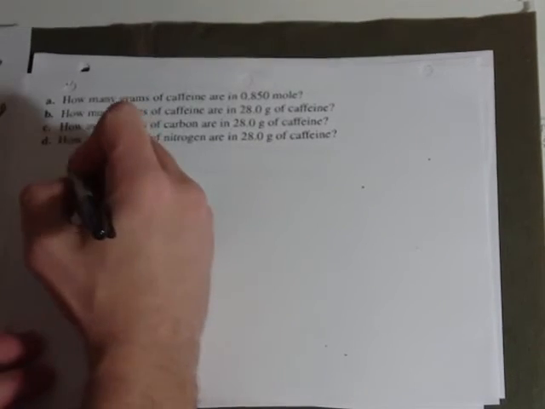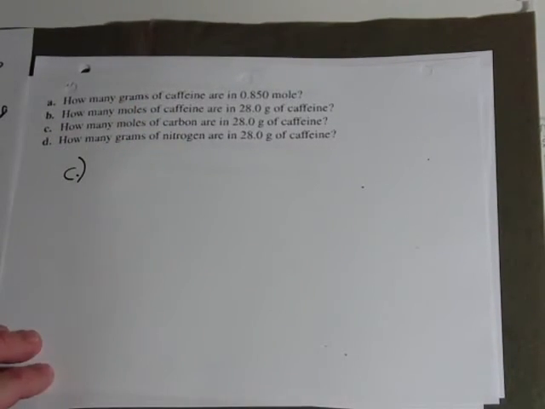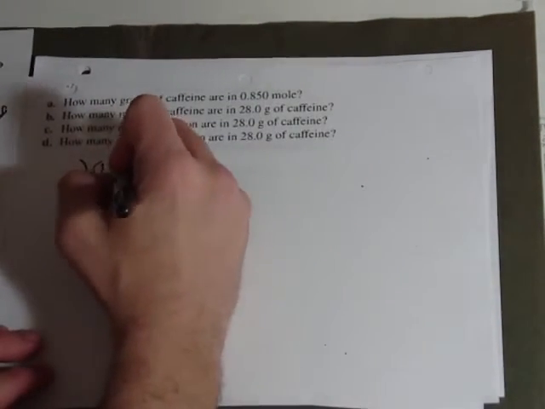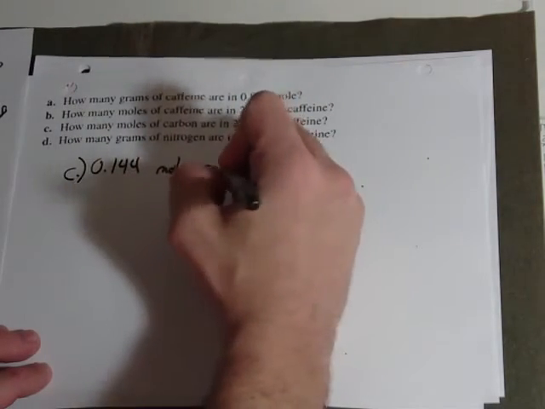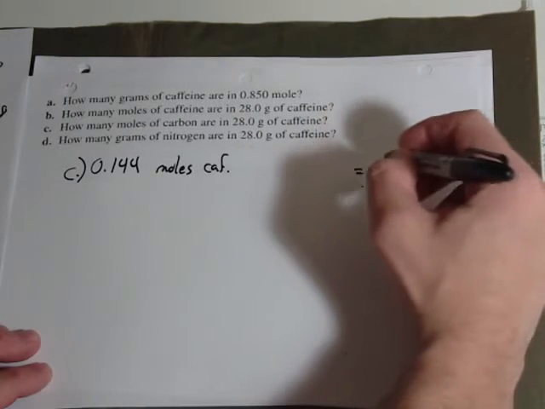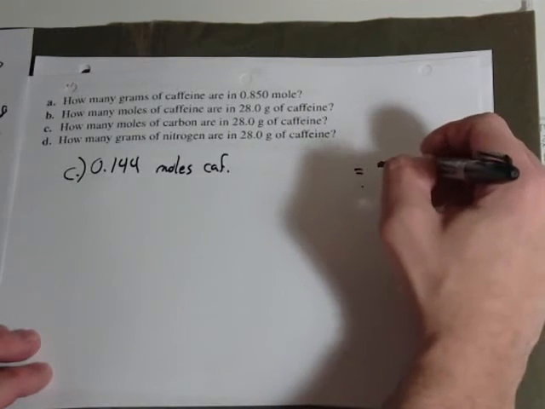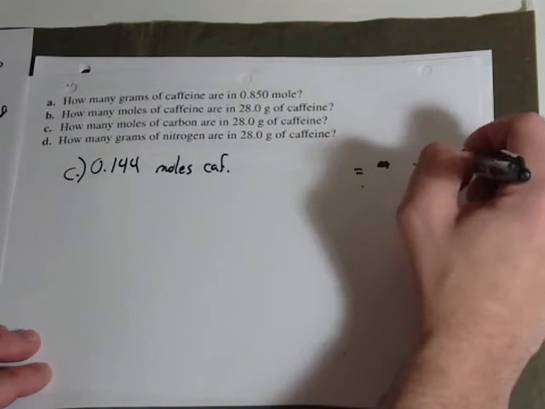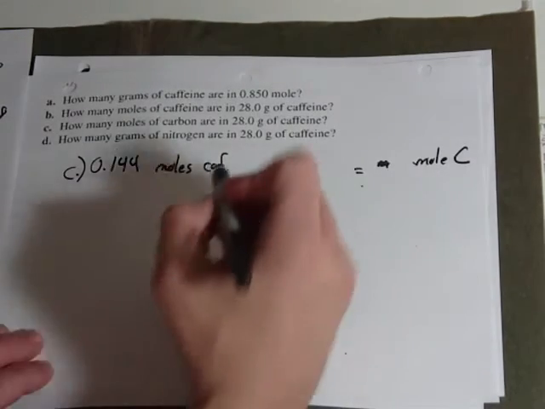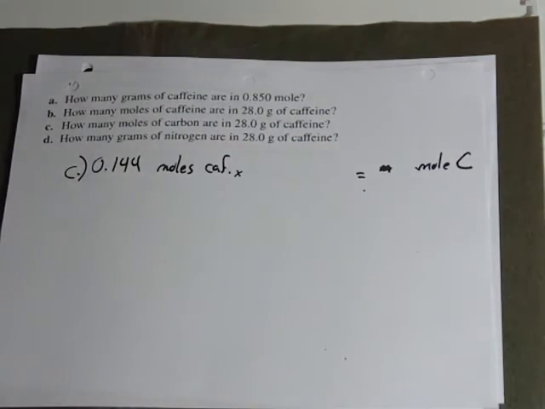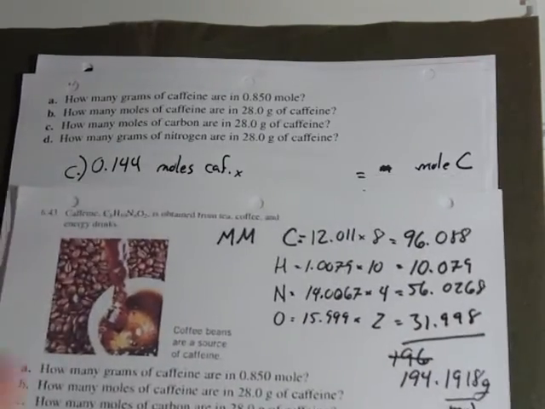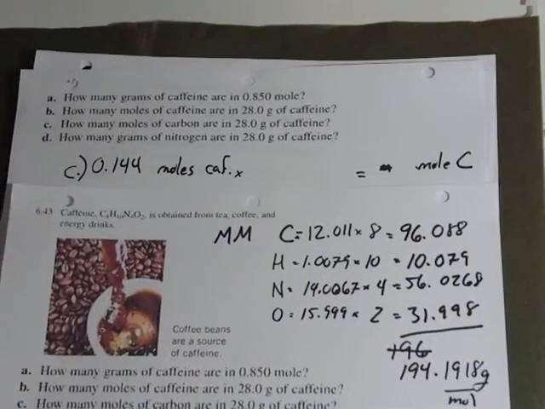And so in C, if we have 0.144 moles of caffeine, we want to get moles of carbon. And so we just have to use the mole ratio, or mole to mole factor, or whatever you want to call it, from the chemical formula.